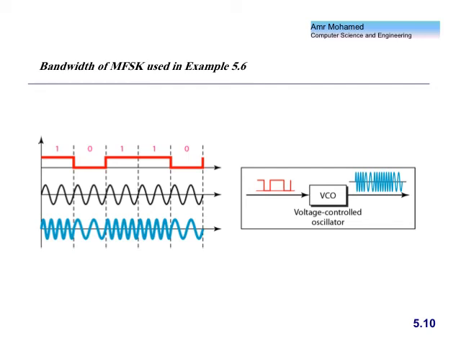For the case of ASK, I just multiply the carrier signal with the amplitude of the digital data. That's it. But here I have to have a more controlled, voltage controlled circuit. So if the value is 1, I can use the carrier signal with no frequency change. If the value is 0, then I have to increase the frequency or decrease the frequency, whatever. So this creates this composite signal with the characteristics that we talked about before.